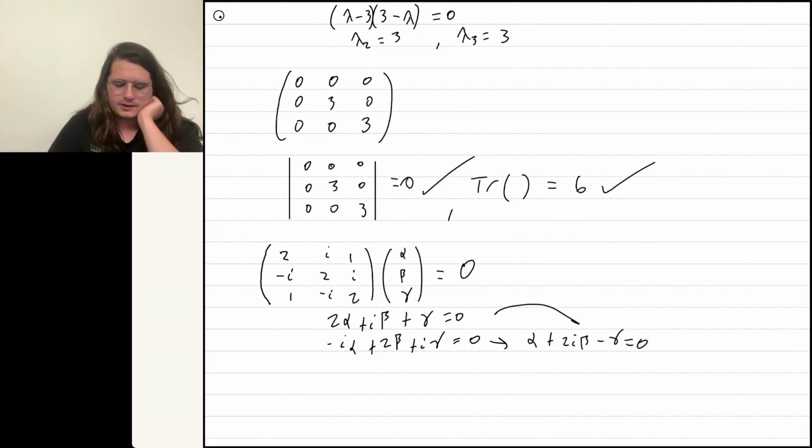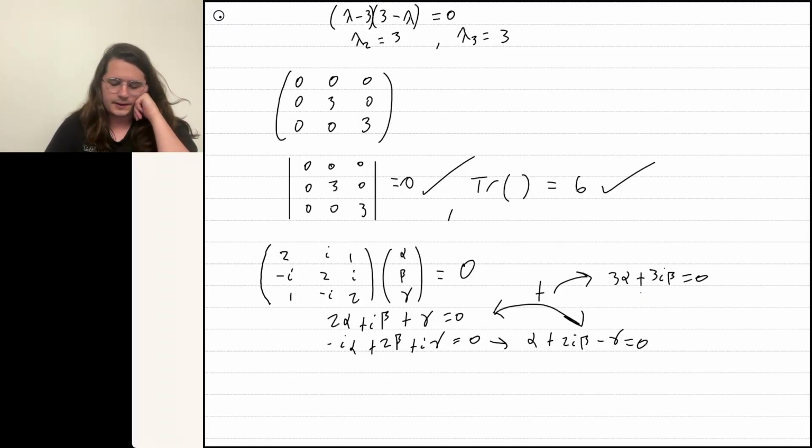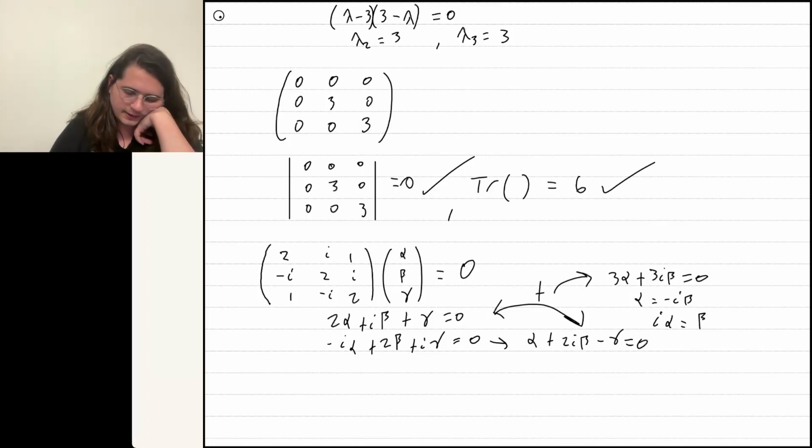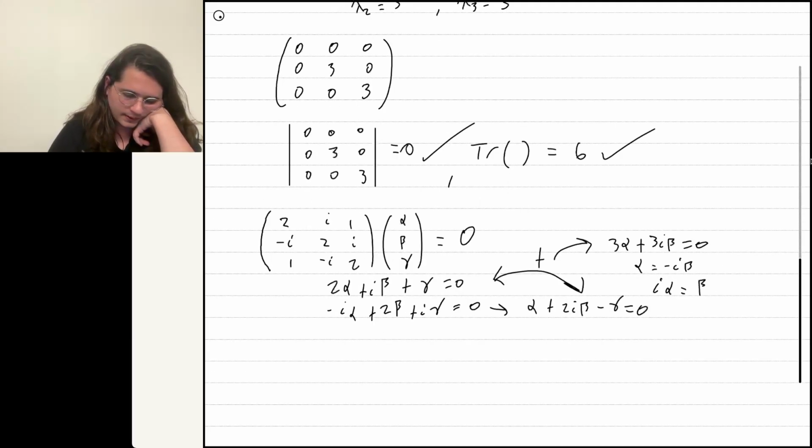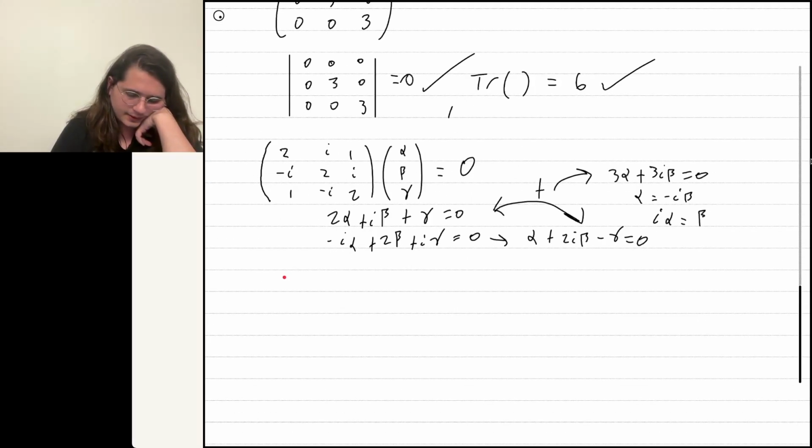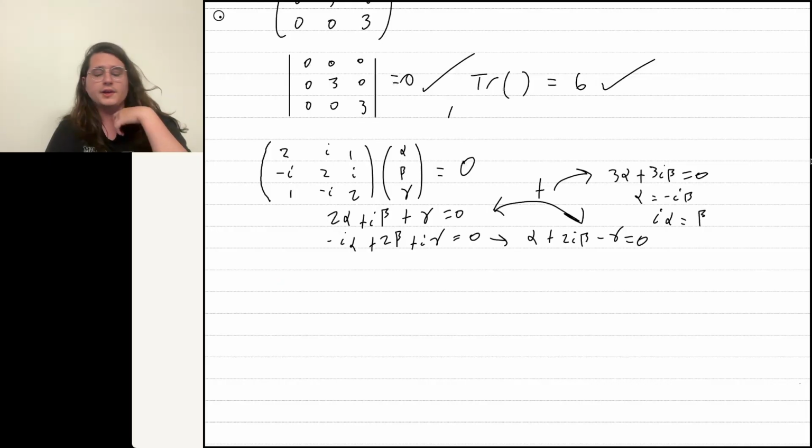And you can add these equations together to get 3 alpha plus 3i beta equals 0, which is going to tell you that alpha equals minus i beta, or equivalently, you get i alpha equals beta. And yeah, that's fine. So that is going to tell you that gamma is free, but beta is equal to i alpha.